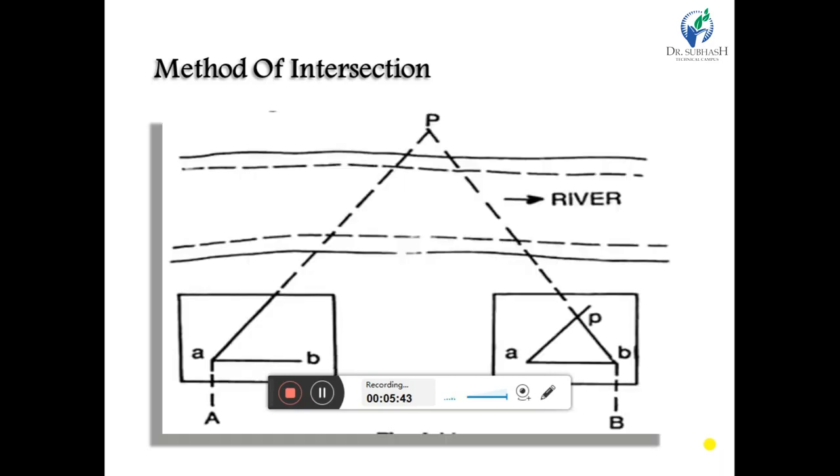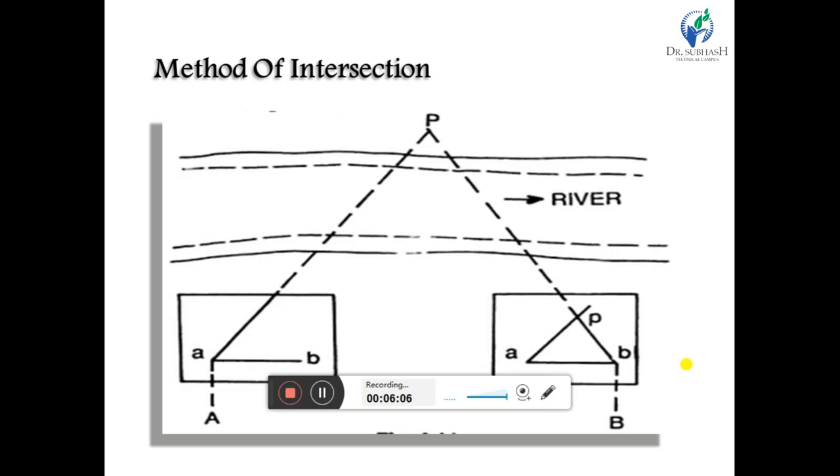Now, for the method of intersection, consider that point P is inaccessible from the survey station. Calculating or measuring the distance from our survey point to the object point is not possible.